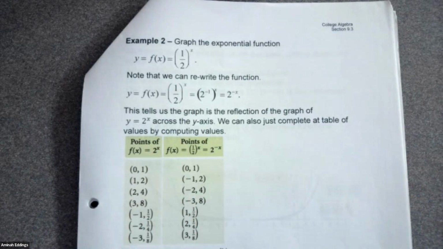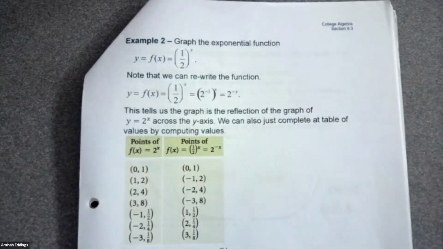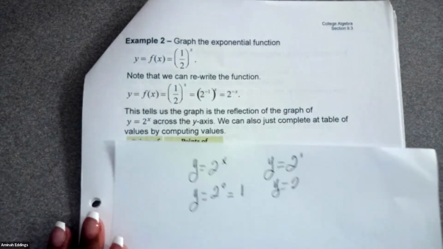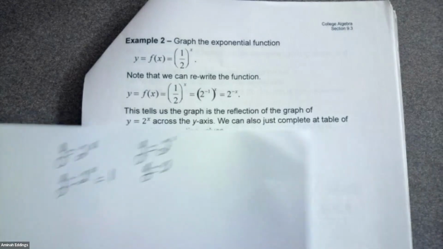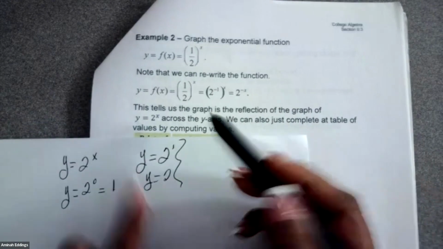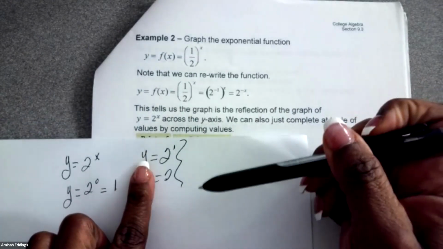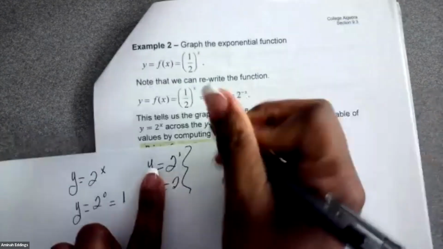So we can rewrite 1/2 to the x power as 2 to the negative 1 power. If you recall, it's been a moment since we've talked about this, but if we have negative exponents, let me do it like this.